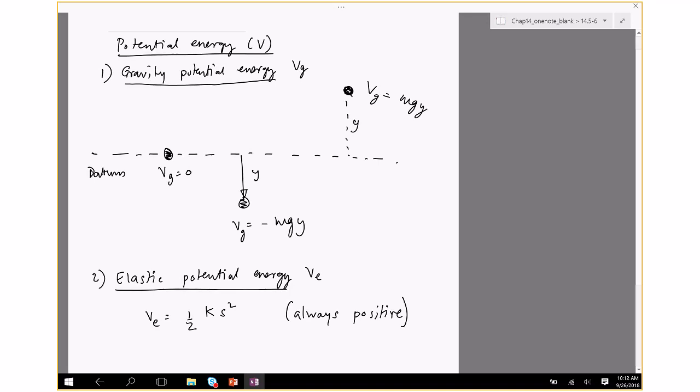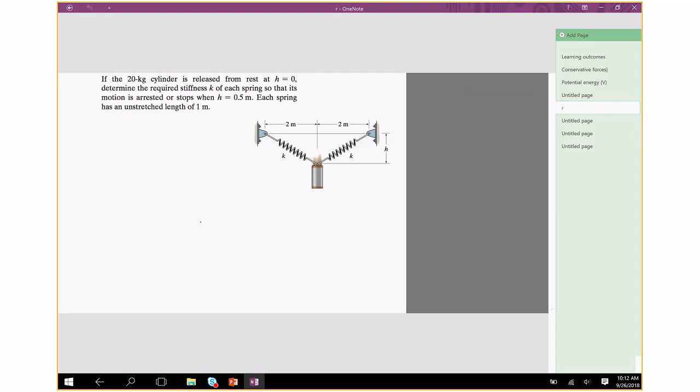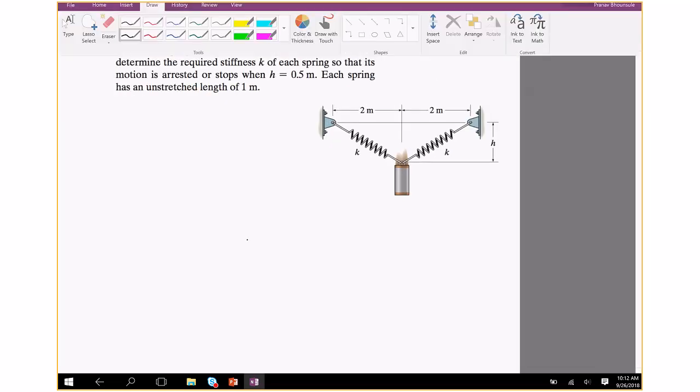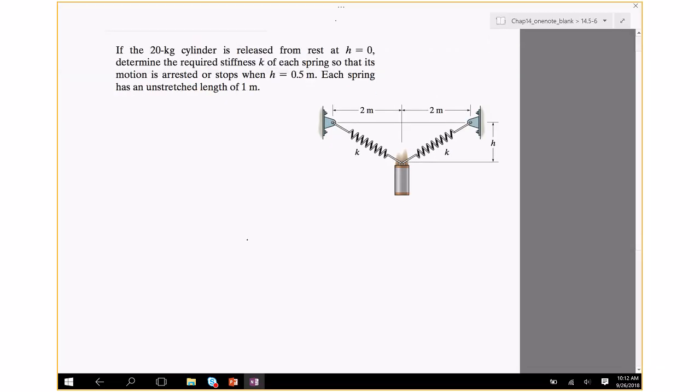Okay, so let's see how to use these principles by solving some problems. If the 20 kg cylinder is released from rest at h equals 0, so you can see this is h, which means that initially the cylinder is here, the spring is attached this way, and it's at rest, so velocity is 0.